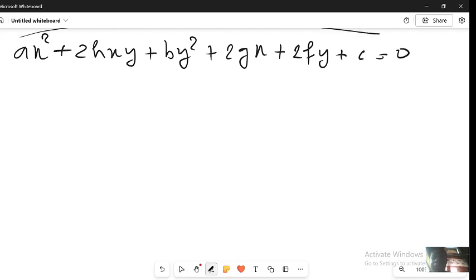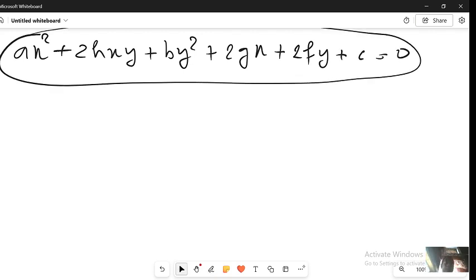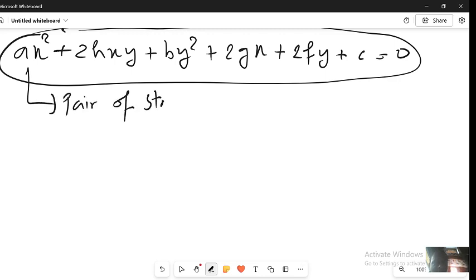This one is the general equation. Now if I have this general equation, how can I determine whether this one is a pair of straight lines or not? Let's see. First, we know a pair of straight lines.